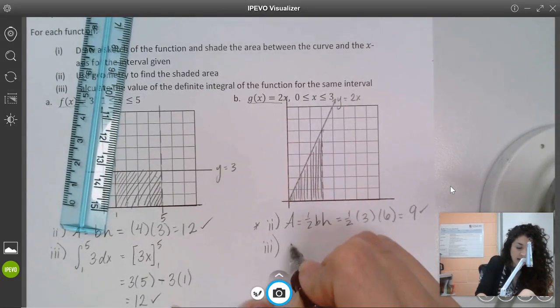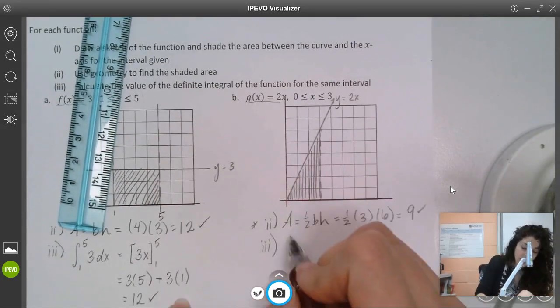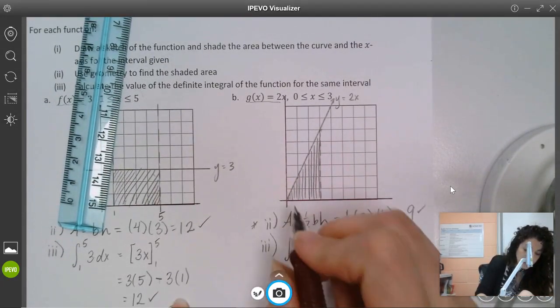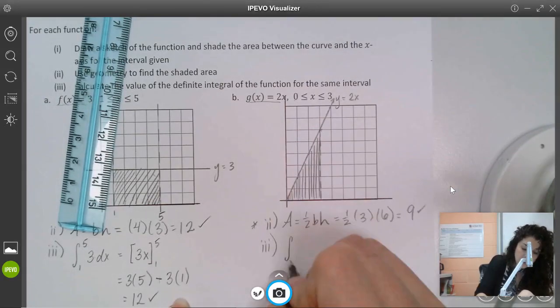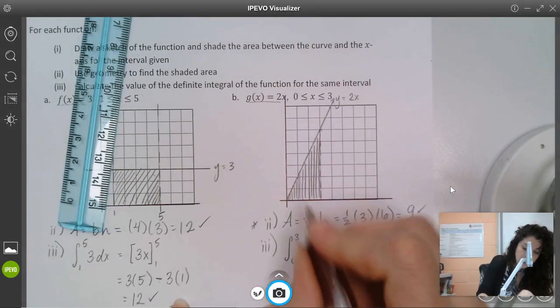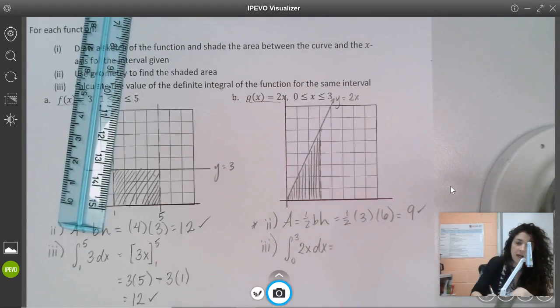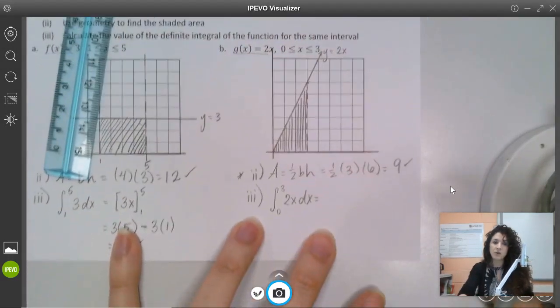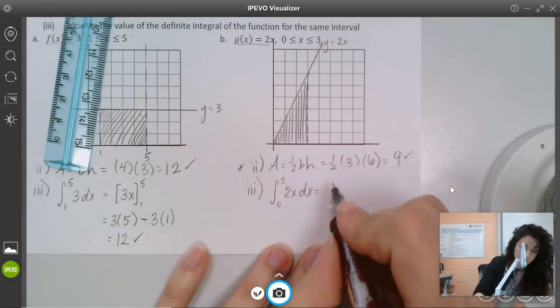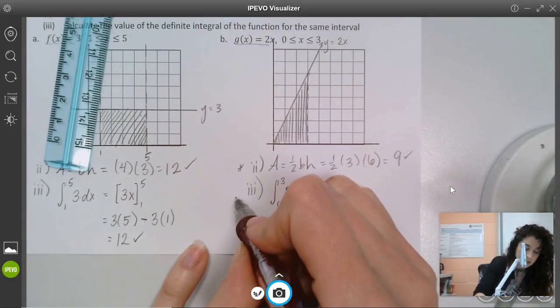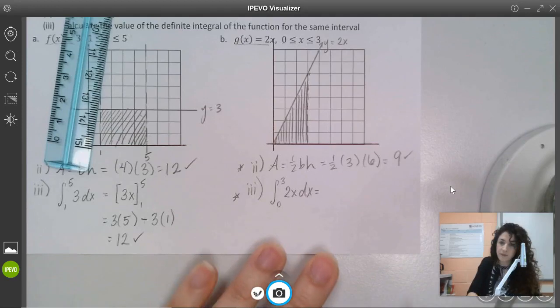If we were to then evaluate that integral, this is the integral from 0 to 3 of 2x dx. Evaluating that definite integral means we first need to find that general integral. Go ahead and find the general integral.